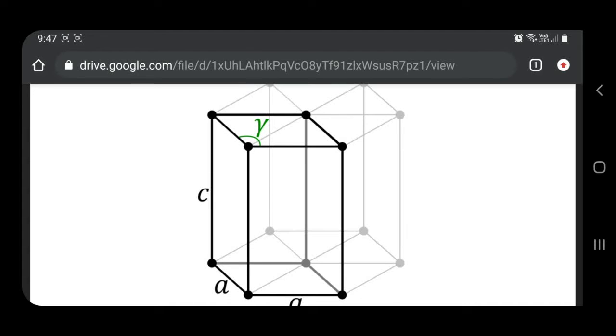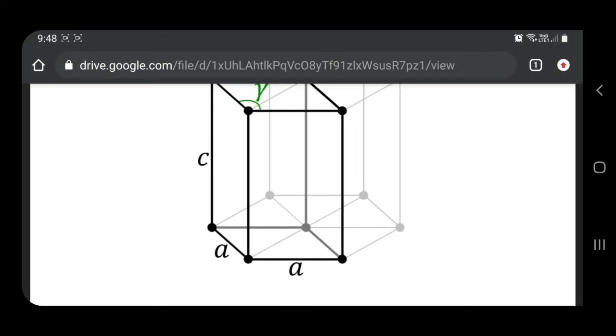So the shape is like this, but this is a basic unit cell. Again, it is in the form of a cube, but it looks like a rectangular because the third edge has a different length. And a combination of 3 of this type of unit cells will make this hexagonal system.